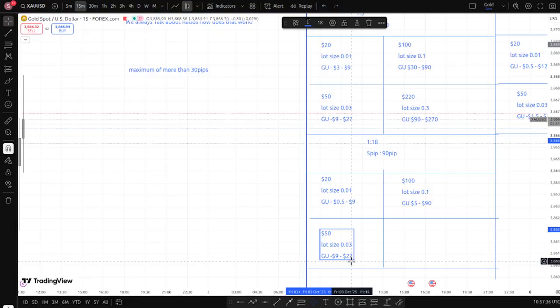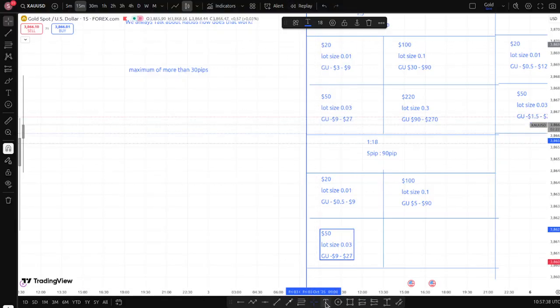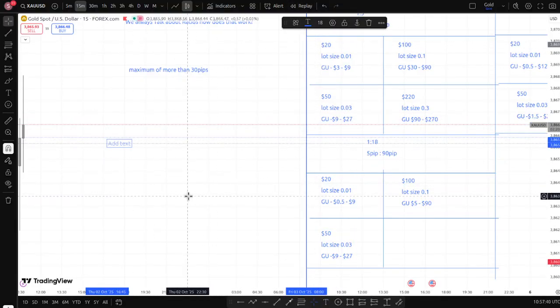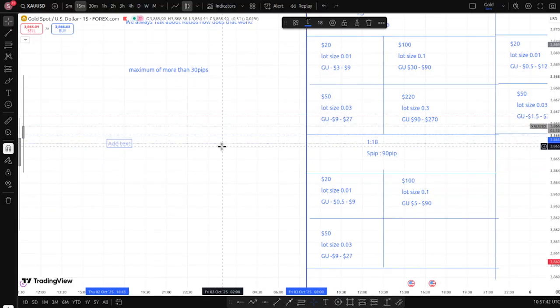Hizi hesabu zinakula kichwa chetu, niziandike chini. Haya, $9 ni 30 pips. What about 5?